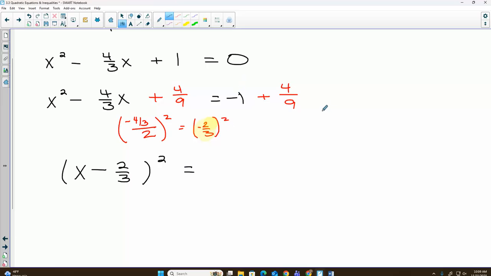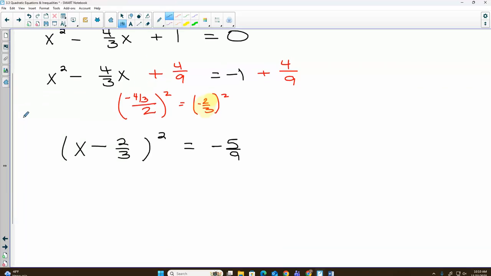Okay, -1 plus 4/9 should give me -5/9. Now what? Square root. And anytime we have square root, we do plus and minus. So x minus 2/3 equals plus and minus. What's the square root of -5?